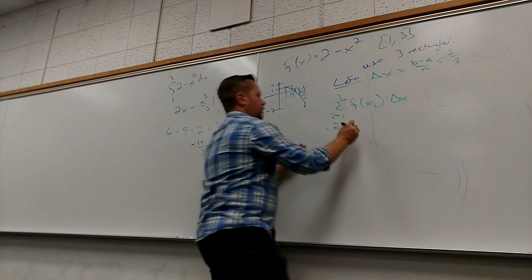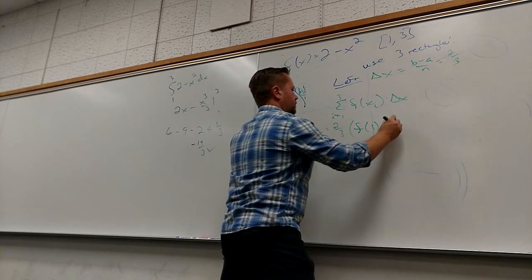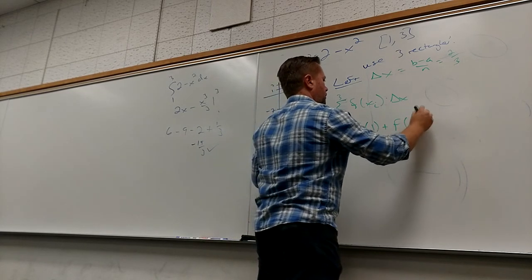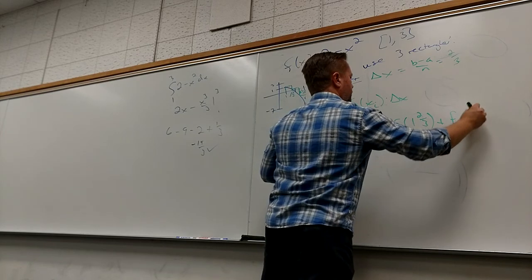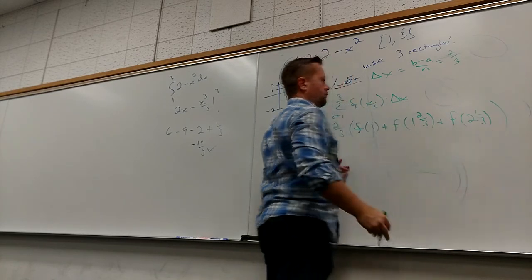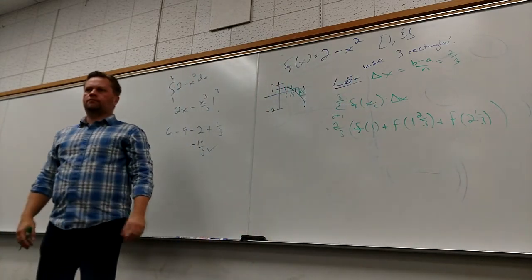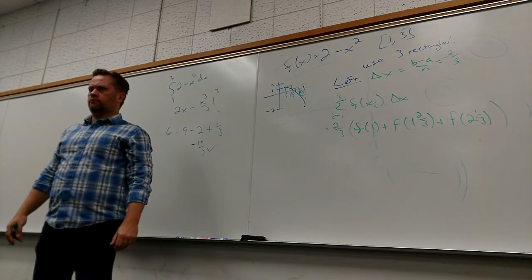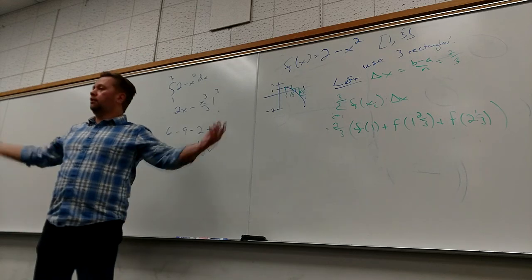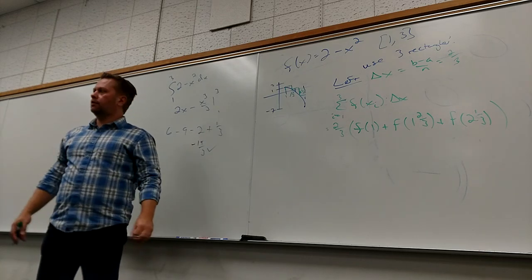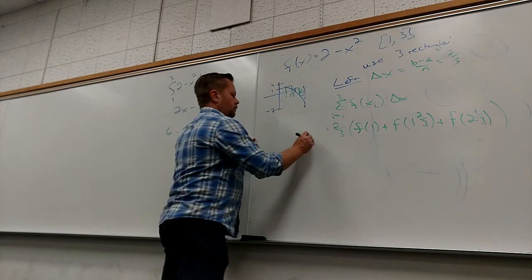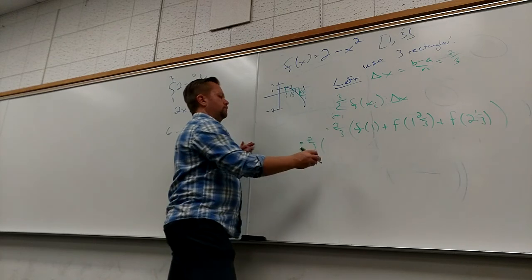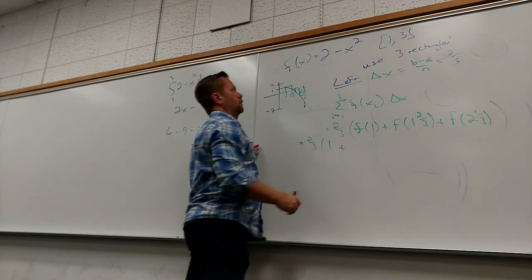So now I've got f of 1 plus f of 2/3 later plus f of 2/3 later. And then whatever that comes out to be, just throw that in the calculator.